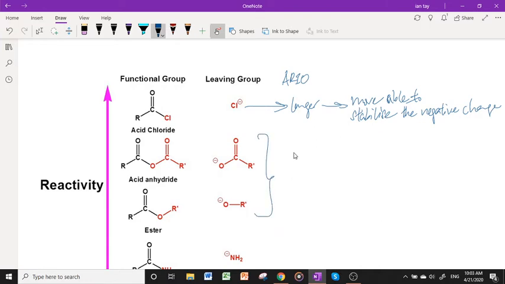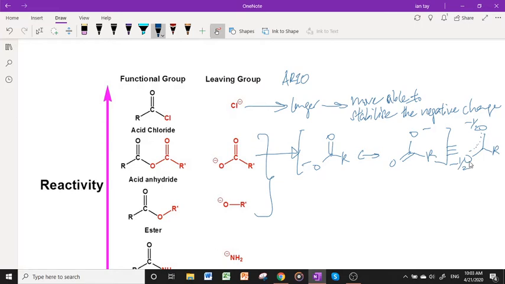The atom is the same, but we observe that there is the case of resonance for the carboxylate, where there are these two equivalent resonance structures. Therefore, in the true structure of the carboxylate anion, there is sharing of the negative charge over two oxygen atoms, thus dispersing the negative charge and stabilizing the carboxylate ion.